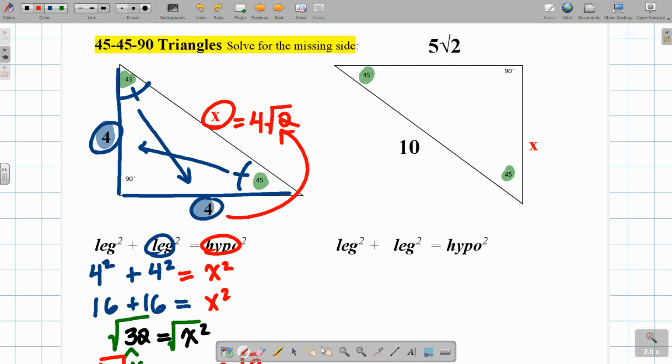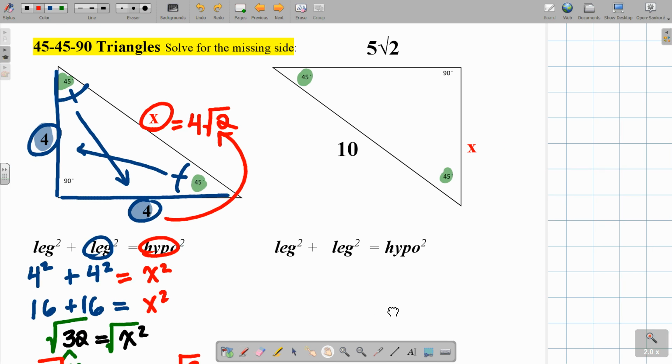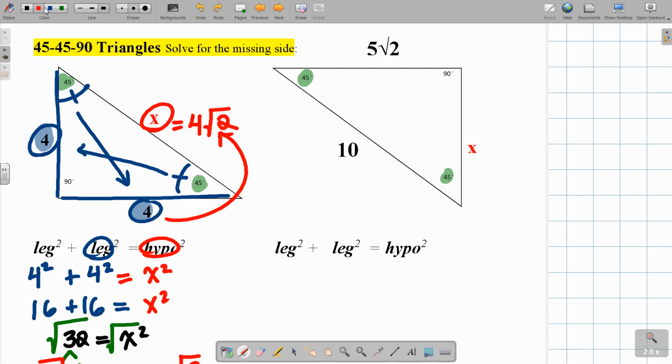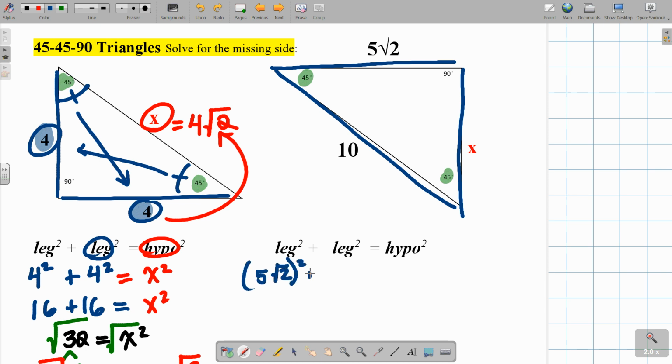Let's check this one. We have one leg, which is 5 root 2. We have another leg that's unknown and a hypotenuse, which is 10. So leg squared, that's 5 root 2 parentheses squared plus x squared equals our hypo, which is 10 squared.